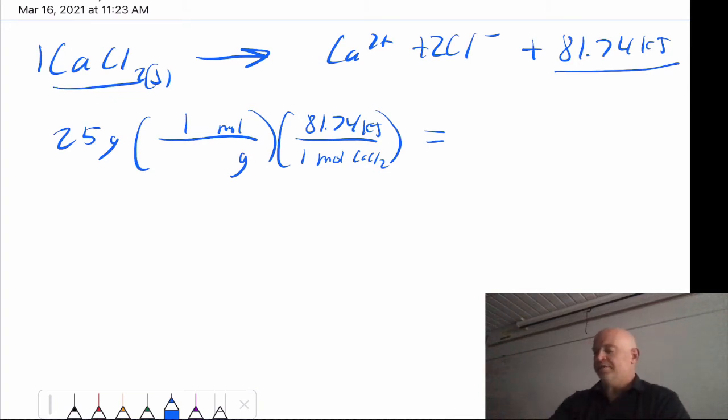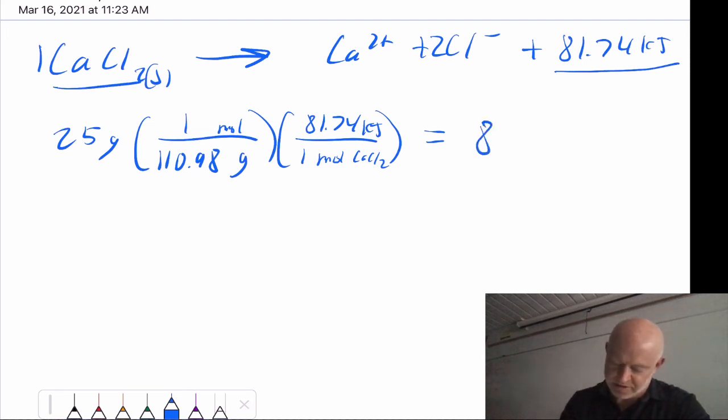So let's take calcium here, and let's get its molar mass. Calcium is 40.08, plus 2 chlorines, which would be 70.90, and we get a molar mass of 110.98 grams per mole. So I'm going to take 25 divided by that number, times my 81.74, and I get 18.413, or let's just call it 2 significant figures.